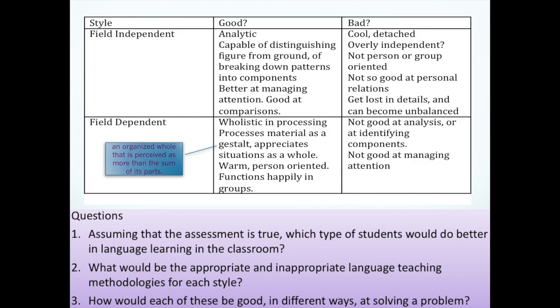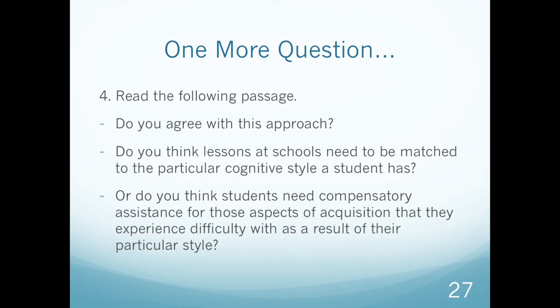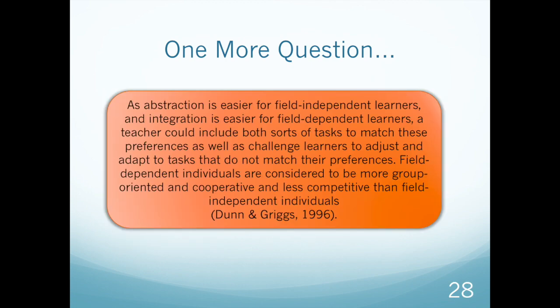and consider. Going to slide 27, there are actually 3 questions that ask you to read the passage on page 28 and to react to it and see whether you agree or not. And the passage is taken from a publication by Dunn and Griggs.